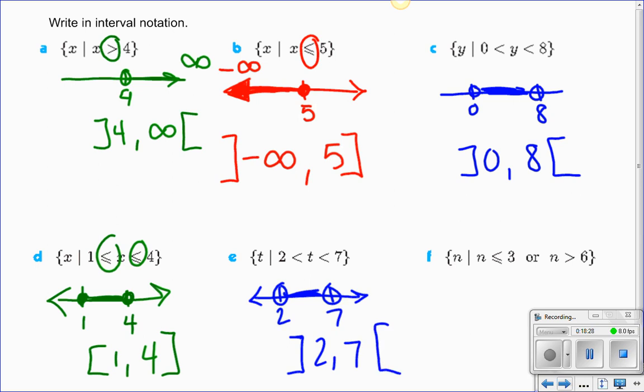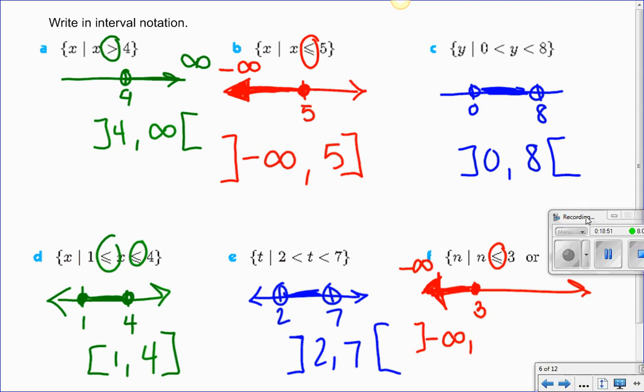Okay, this one's a little bit different. So we want n to be less than or equal to 3. Okay, so we can include 3, right, because of the equal sign. But then we want it to be less than that. So we want all the values between negative infinity and 3. So we can say not including negative infinity, because we never include infinity, and including 3 because of the equal sign.